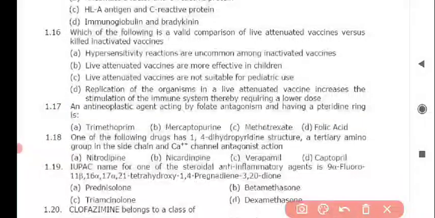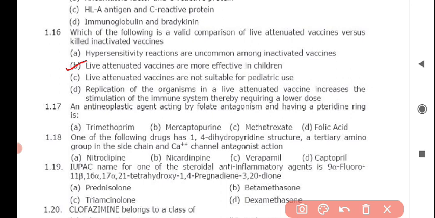The next question is, which of the following is a valid comparison of live attenuated vaccines versus killed inactivated vaccines? So the correct answer is option B, that is live attenuated vaccines are more effective in children.